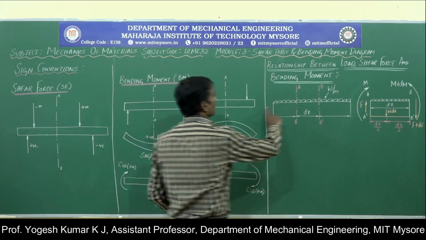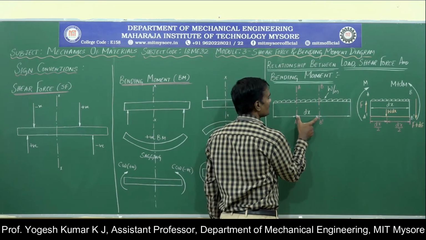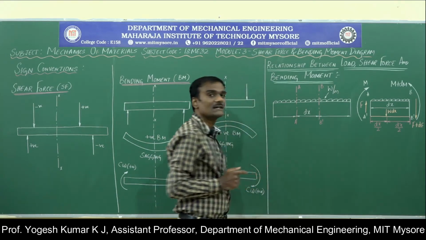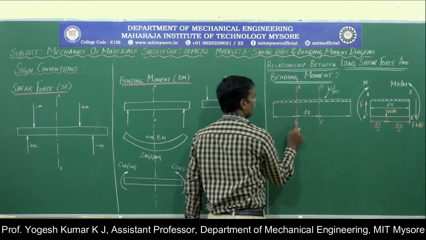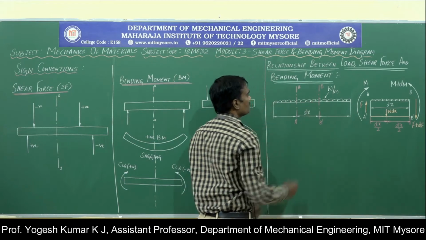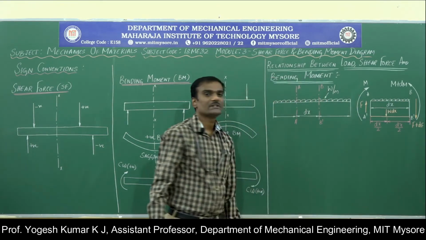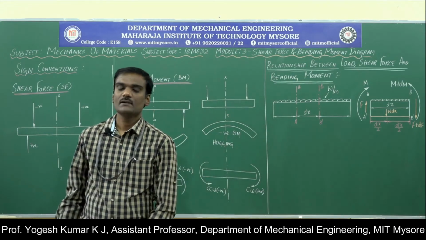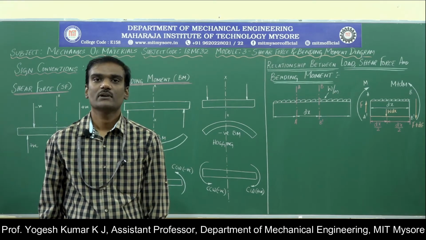So this is the entire span length of the beam. For our derivation, we have considered a small elemental length of dx between the sections AA dash and BB dash. This portion of the beam is taken out here and enlarged.